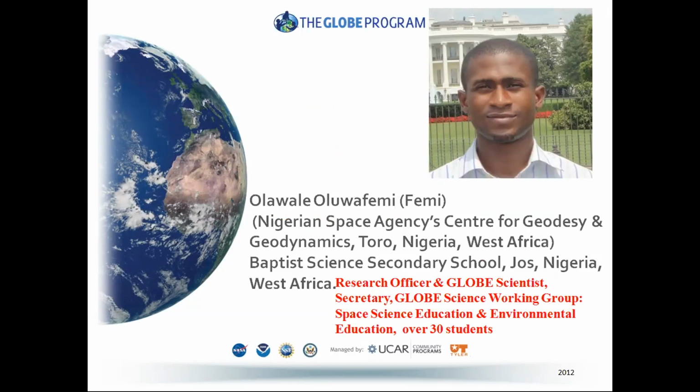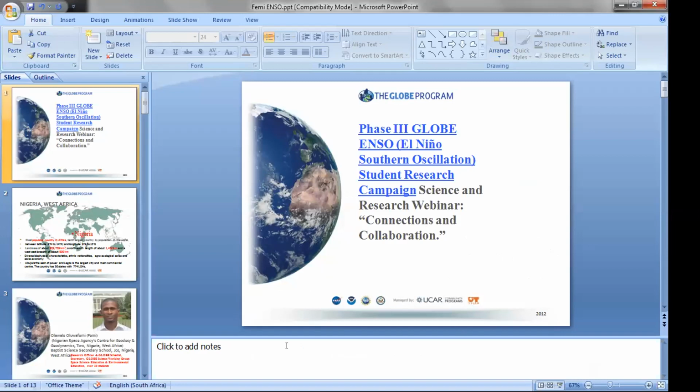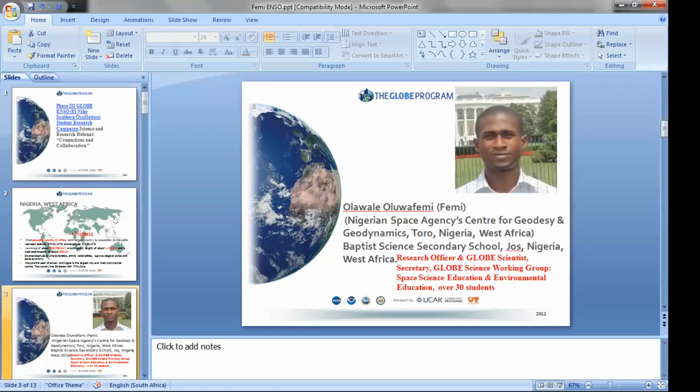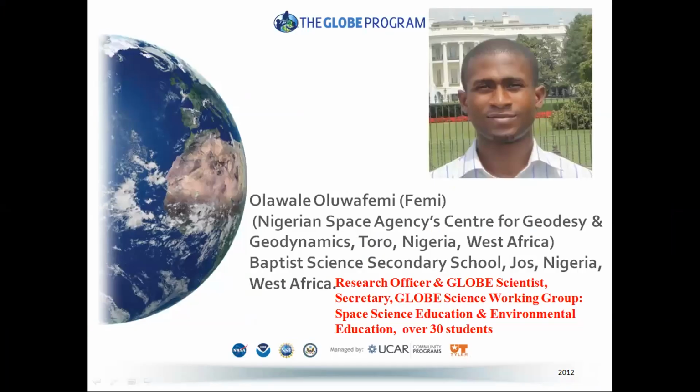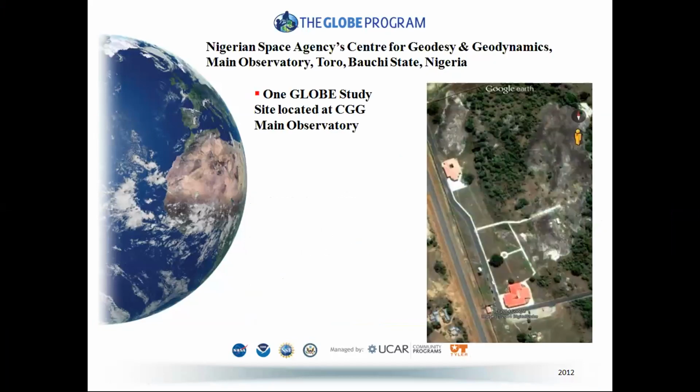And as one of the tasks of a member of the Science Working Group and GLOBE International Science Network, I'm obliged to pick a GLOBE school to work with and to do my educational outreach. And that was why I chose Baptist Secondary School.